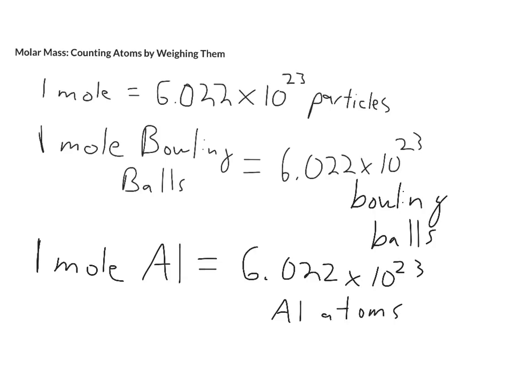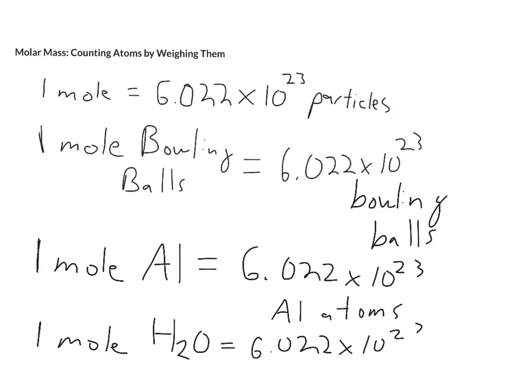Okay? And the same would go for other elements on the periodic table or for molecules. If you have 1 mole of water, again you have Avogadro's number of water molecules.